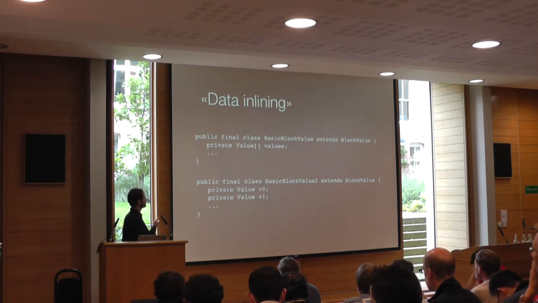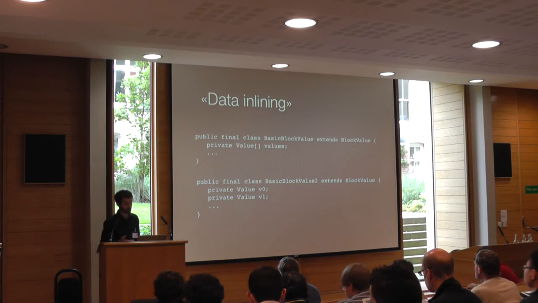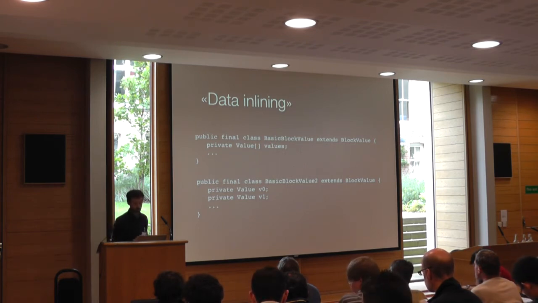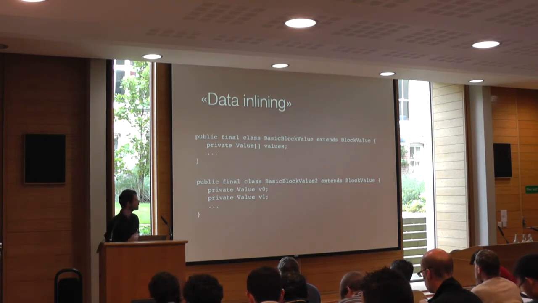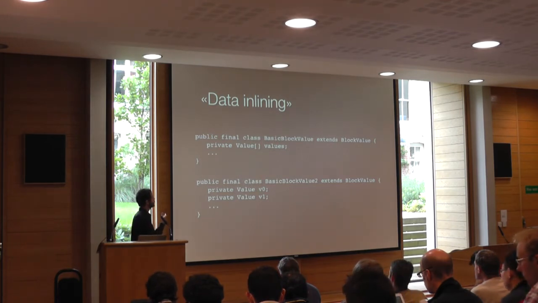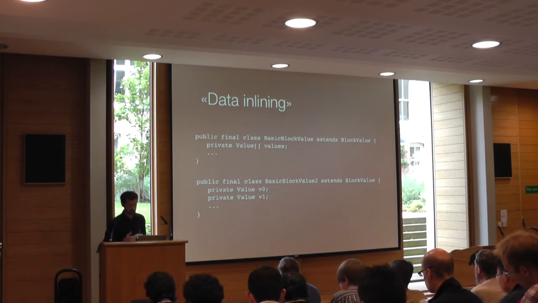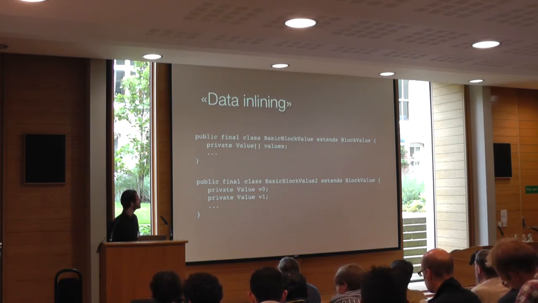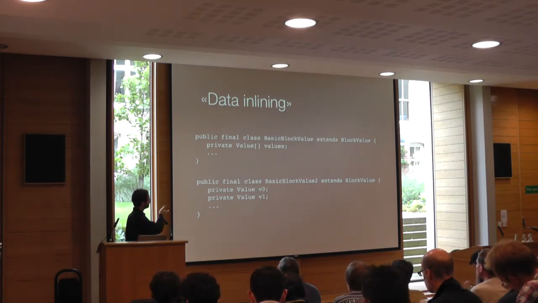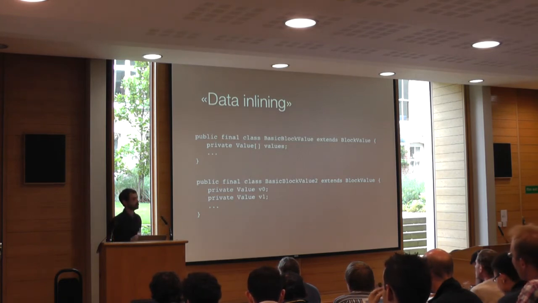You do this for block value 2 of size 2, which is quite important because, for example, it happens to be used for lists. And then you wonder which inlining is needed to get decent performances. And the answer is quite bad, because to get decent performances you have to define custom classes of this kind up to 8.